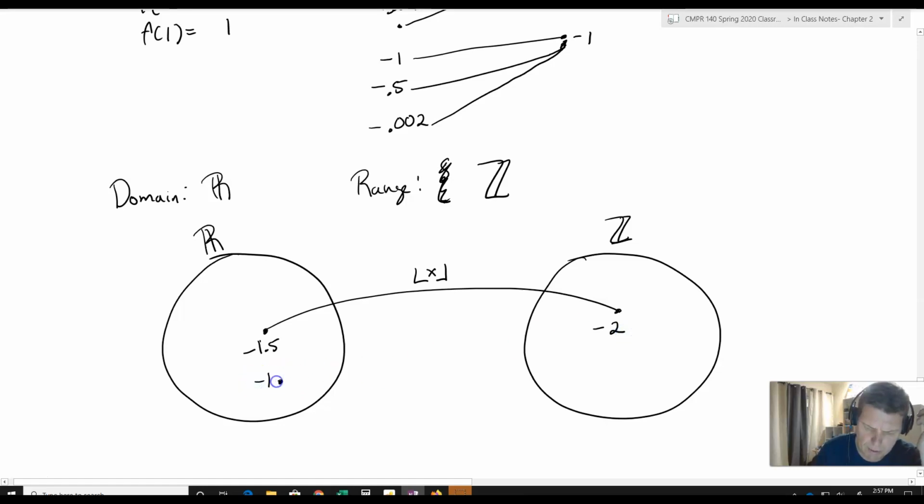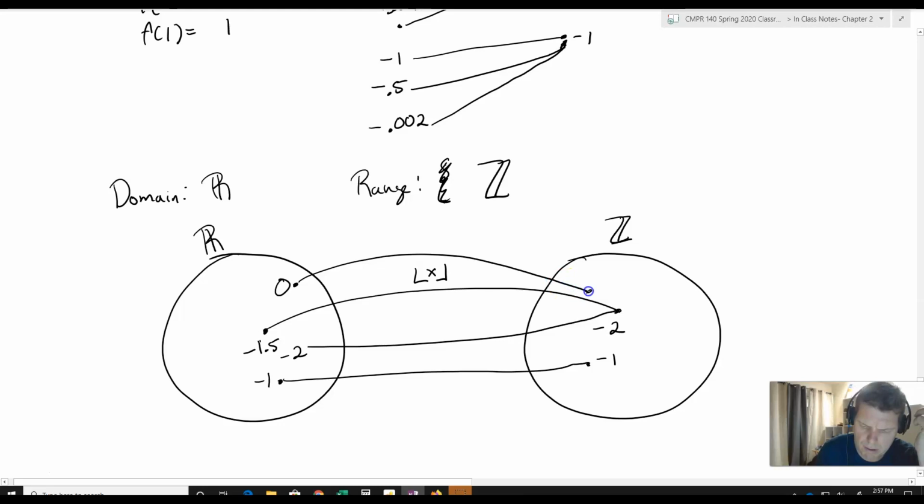Negative 1 will go onto negative 1. Negative 2 will go into negative 2. 0 will go to 0. So on and so forth. And that represents what this mapping looks like.